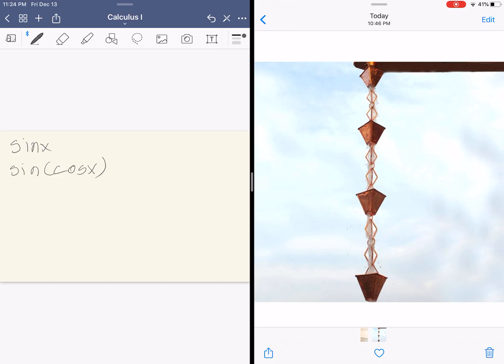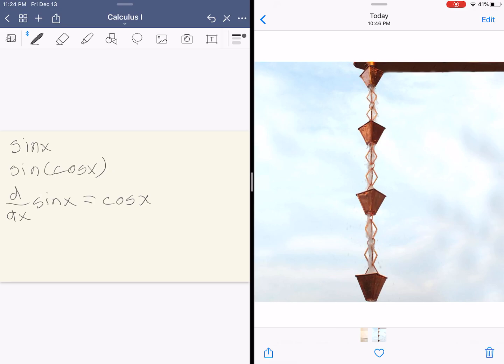So I assume that you guys are already familiar with the derivative of certain functions of x. For example, the derivative of sine of x is cosine of x, right?